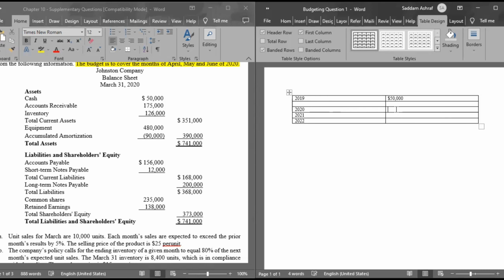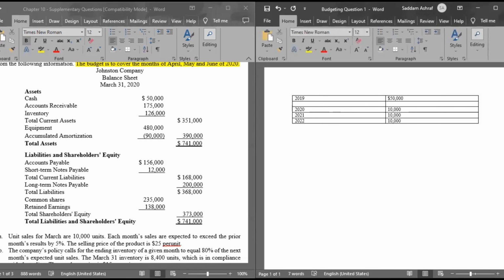Due to use, in 2020 your asset decreased by 10,000, so your depreciation is 10,000. In 2021, the depreciation is again 10,000. In 2022, the depreciation is again 10,000. So at the end of 2022, the total depreciation you have charged so far on that asset is 30,000. This 30,000 will be known as accumulated depreciation. It means the total depreciation you have charged so far is the accumulated depreciation.